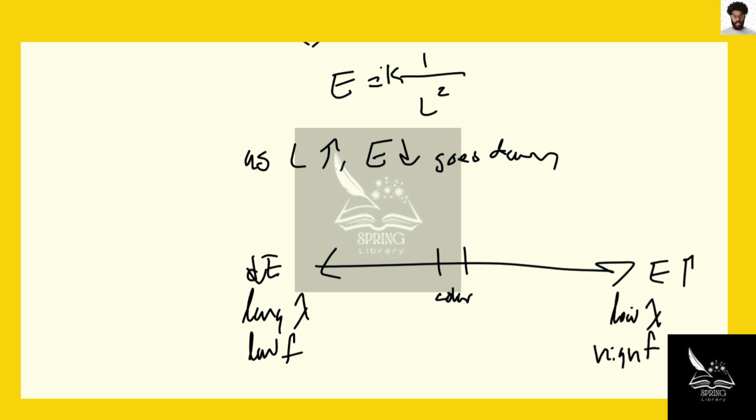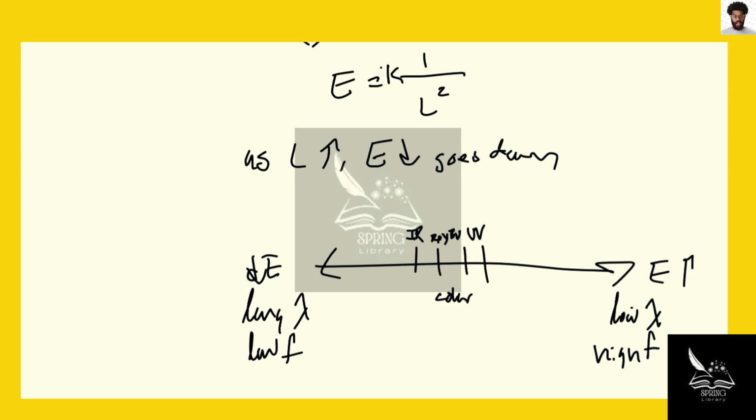Okay, energy and frequency are proportional. Wavelength and energy are inversely proportional. The idea is that in terms of energy, we'll have color here, and to the right is our UV, right? And to the left is our IR. Okay. Up here is violet, blue, right? And down towards the left is our red, orange, and yellow. Red, orange, yellow. Okay.